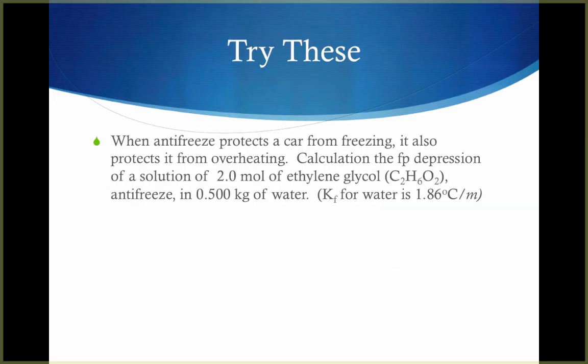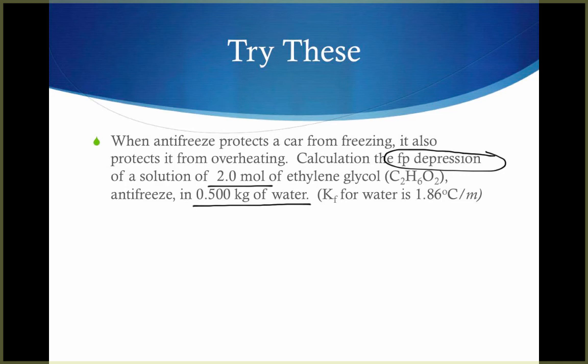Now that we know all the parts of the equation, let's put them together and try a problem. This question asks us to calculate the freezing point depression of a solution of 2 moles of ethylene glycol in 0.5 kilograms of water. I know that my equation is delta T equals i times Kf times the molality.